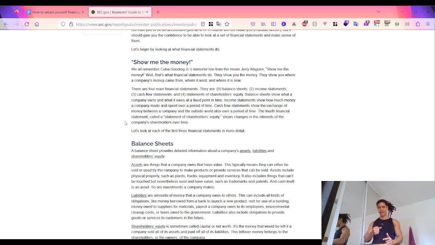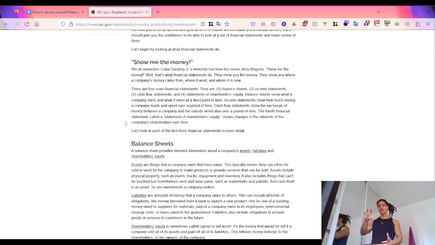Berkshire Hathaway invests in a variety of companies in sectors such as energy, real estate, and retail.